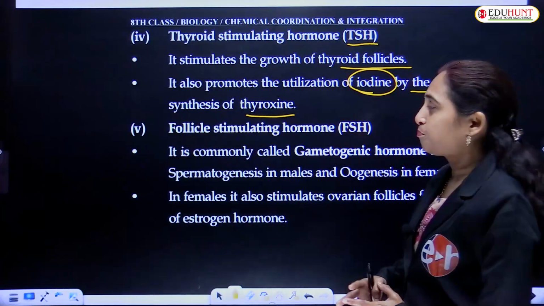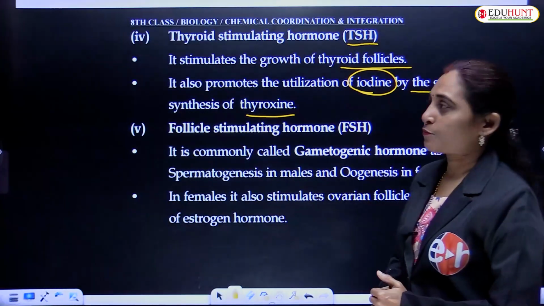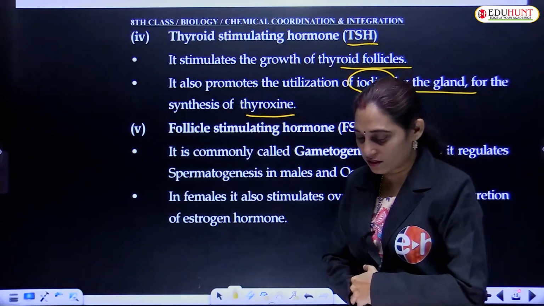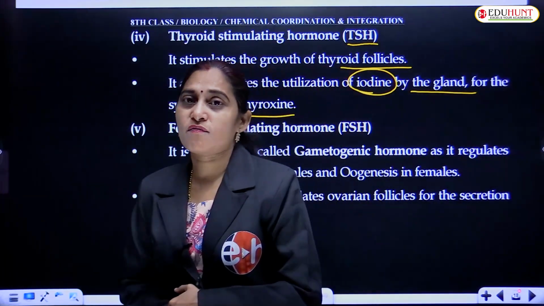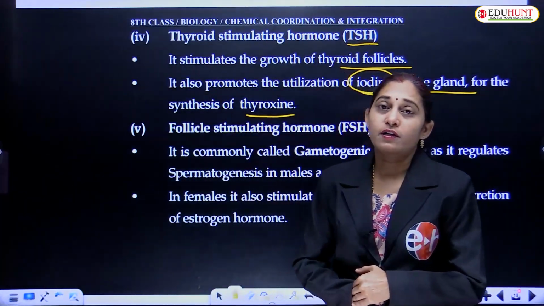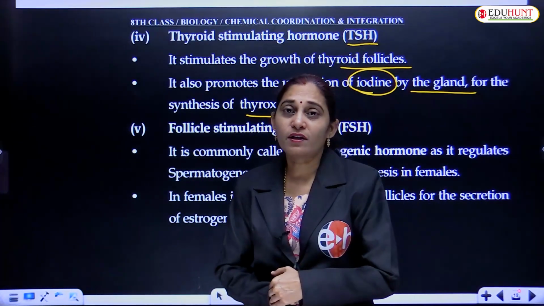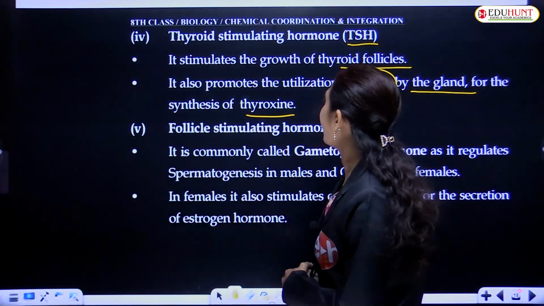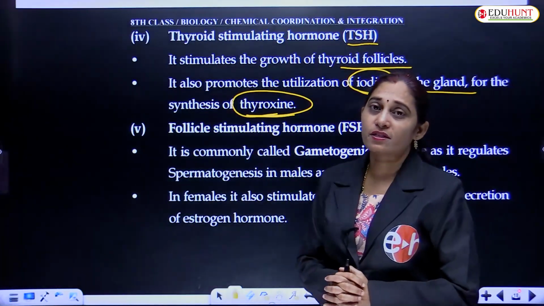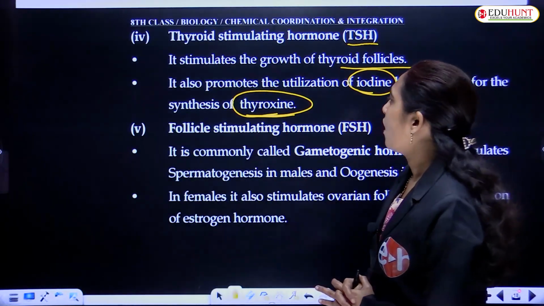In this piece of explanation, I am going to give you the details of the importance of iodine. Iodine is essential for proper development of the brain, and it is also essential for the synthesis of thyroxine hormone.